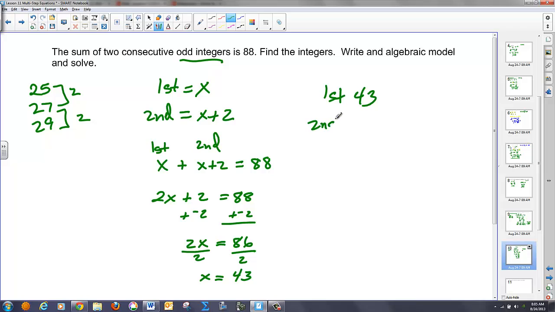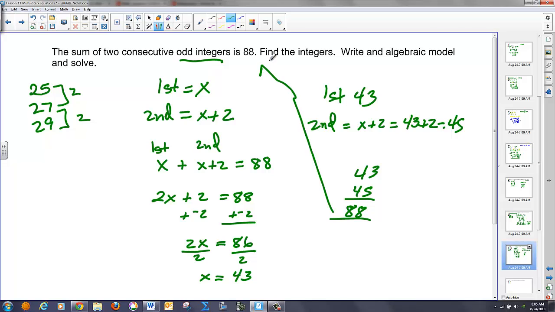My second is equal to x plus 2, we said, which is 43 plus 2, or 45. So do 43 and 45 add to 88? Sure do. So it checks out.